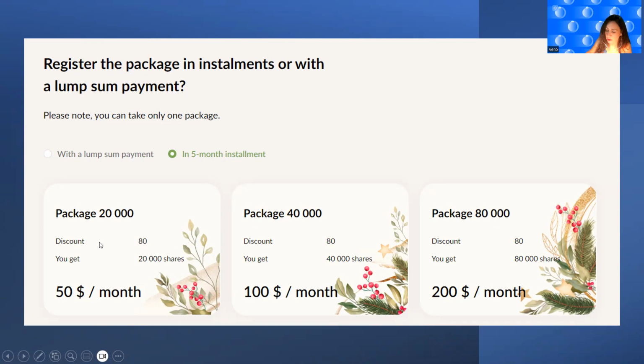For example, in 5 installments of $50, you can acquire 20,000 shares. And in 5 installments of $100, you can acquire 40,000 shares. And in 5 installments of $200, you can acquire 80,000 shares.